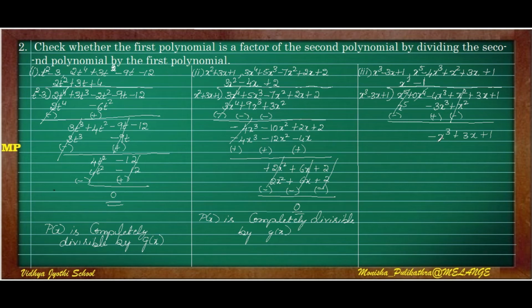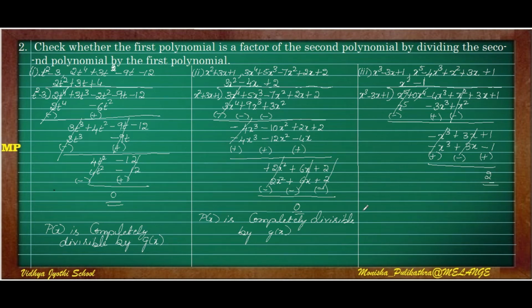So x cube into minus 1 is minus x cube, plus into minus, minus into minus plus. So plus 3x and plus into minus is minus 1. So here the sign changes, these two get cancelled, but here plus into plus is plus, so 2 will be remaining.